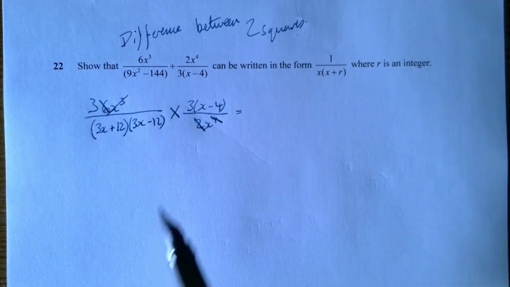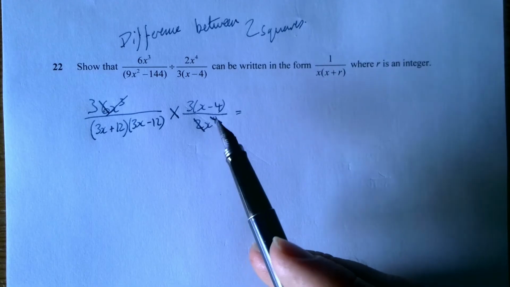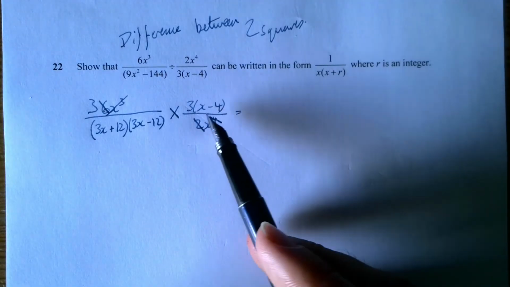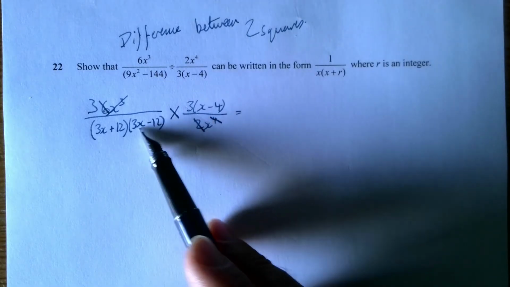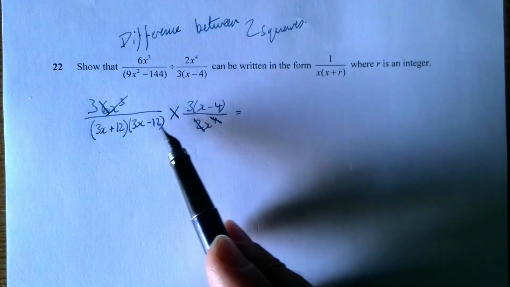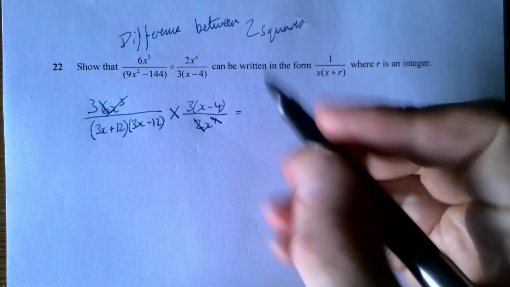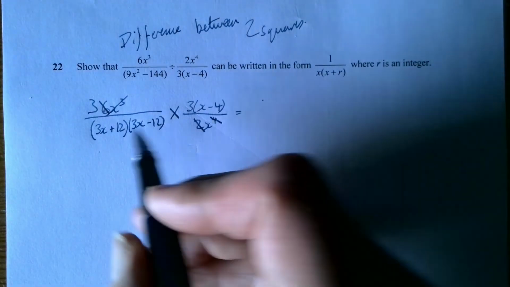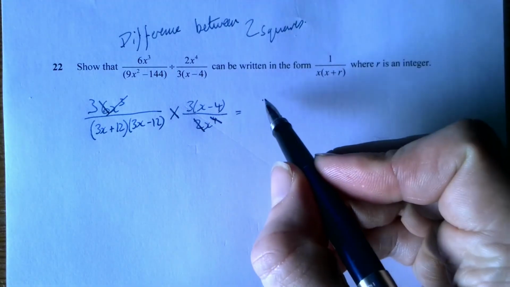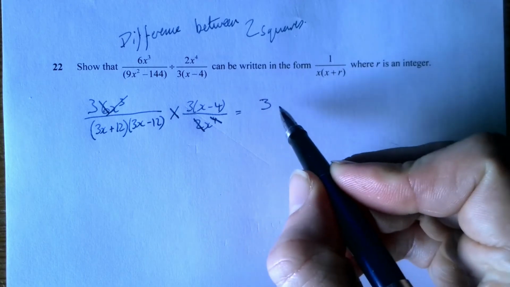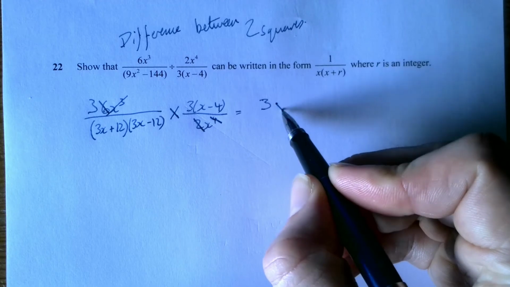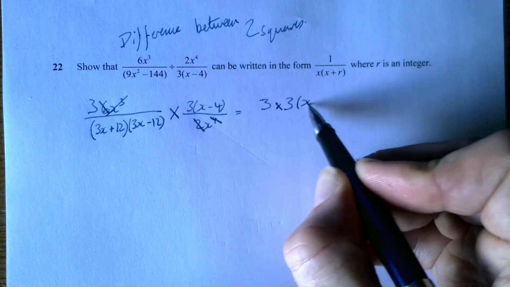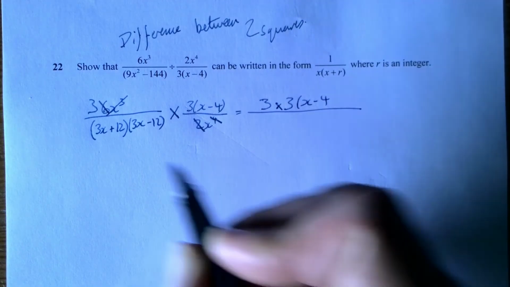And what I'm noticing here, I've never seen one do this quite before. What I'm noticing here is that 3 goes into 3 and 4, there's 3 4s in there, so I'm going to be able to rewrite this. I'm going to write it as 3 times an x minus 4. Just leave it like that on the top.